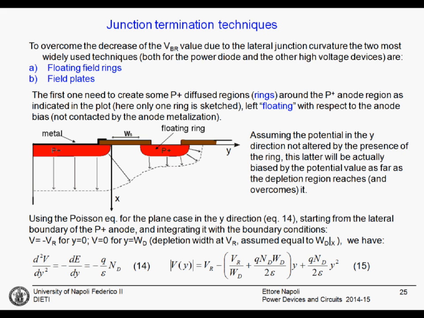We can use the Poisson equation for the plane case in the y direction, equation 14, starting from the lateral boundary of the P plus anode from here. And we can integrate using the boundary conditions that V is equal to minus VR here. We assume that we are reverse biasing the anode, and V is equal to 0 at the end of the depleted region.